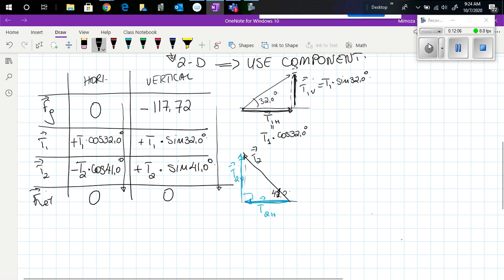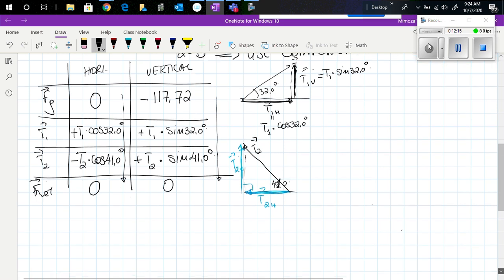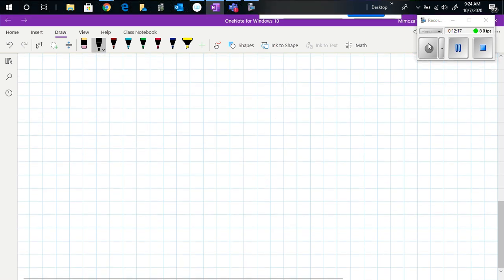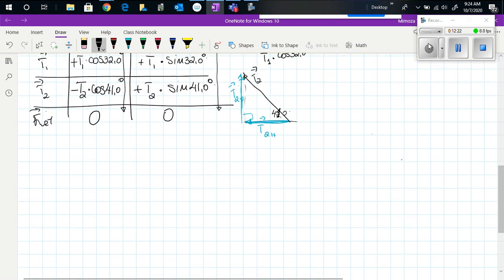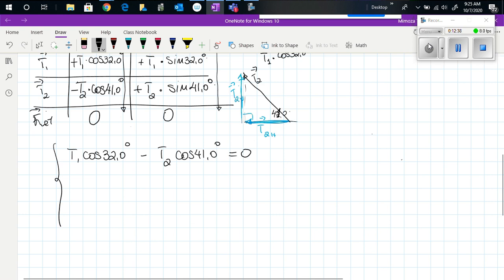So we have two equations, one for the horizontal and one for the vertical. One equation is T1 cosine 32 minus T2 cosine 41 equals 0.